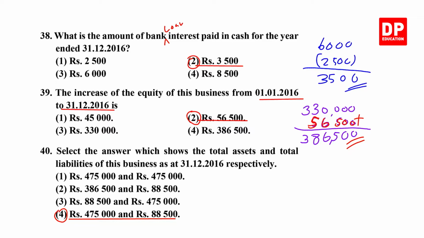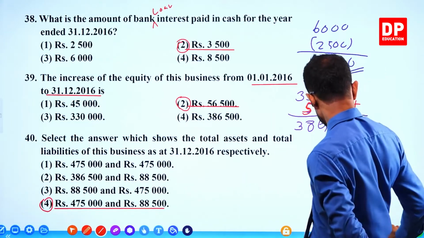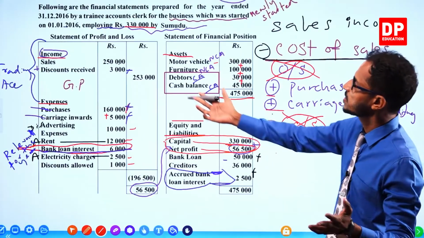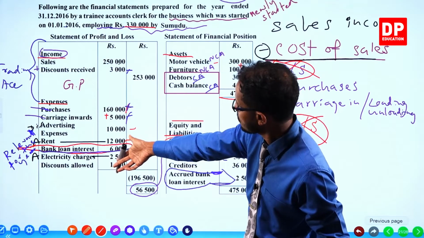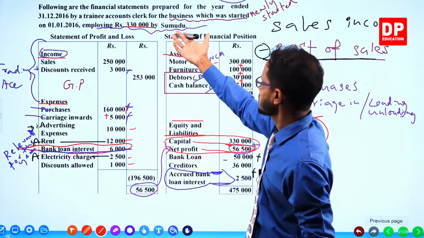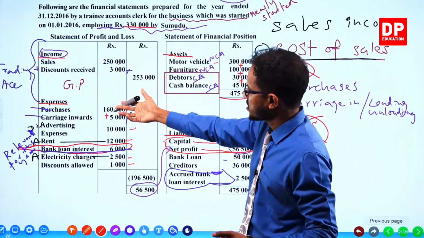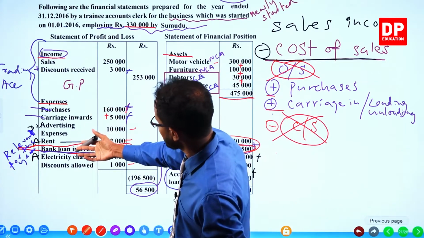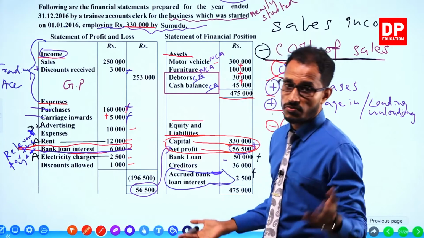40th question. Total assets and total liabilities. If you doubt this, let's go and check. There are no other items to take because this clerk has gone nuts. Let's check any assets, whether they are included here in the profit or loss statement.